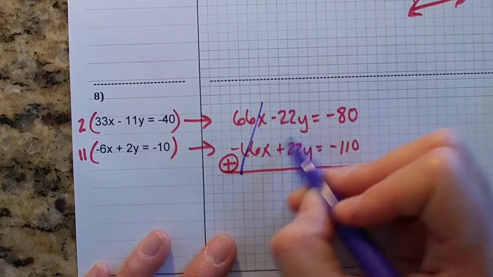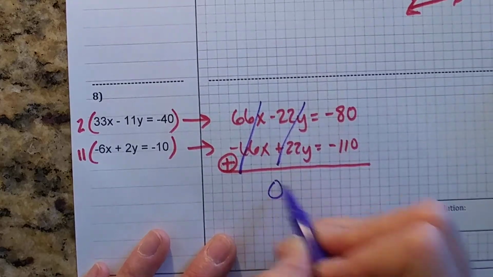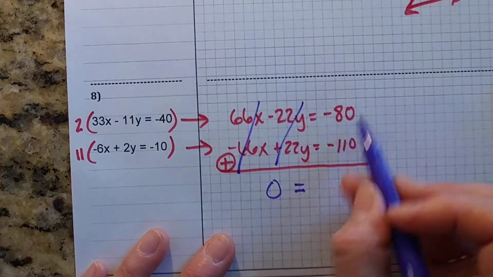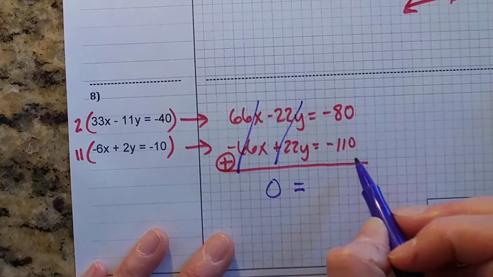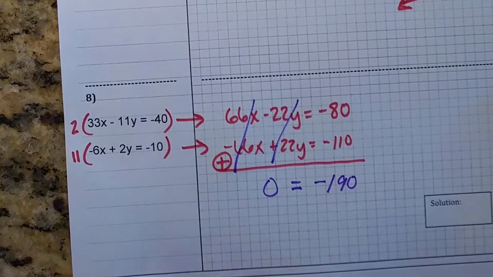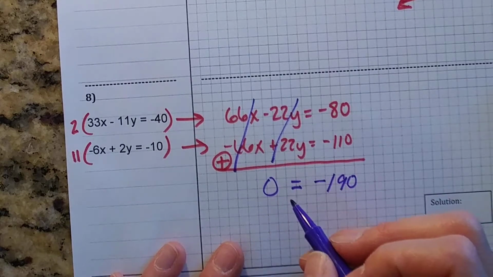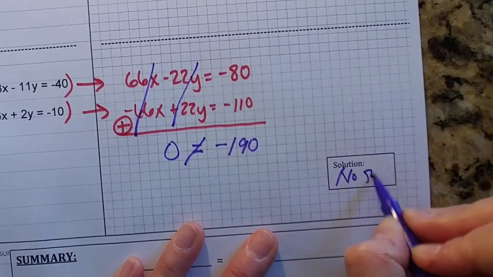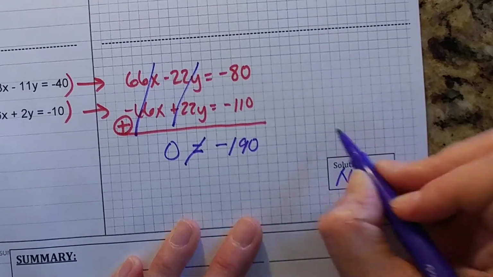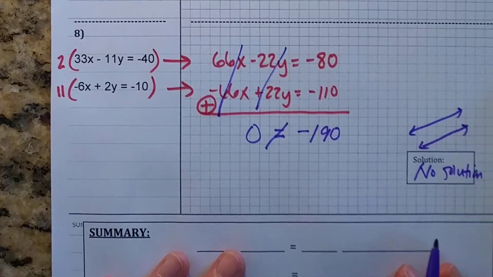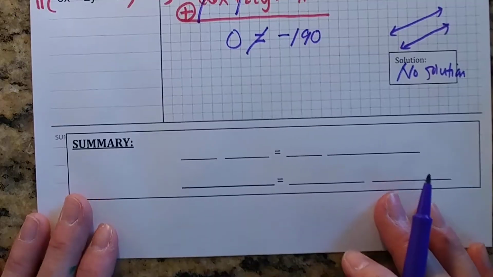There we go, -22 and a +22 cancel. Value of 0. Now I have -80 and -110. -80 plus -110 is -190. It looks like we end up with the variable canceling out and a statement that is not true. Not true means no solution. And we know that that is a set of parallel lines that will never intersect. No solution. Very good. Let's go down to the summary.